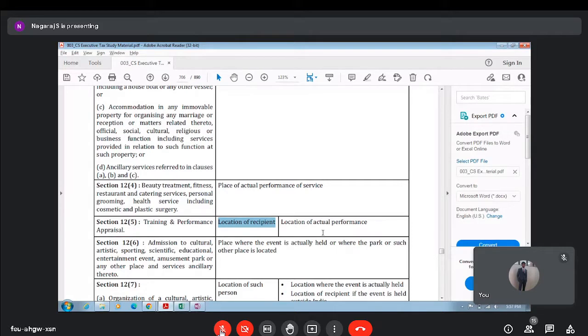Okay. Next, 6. There are two boxes here and only one box there, so it is registered. In this, registered and unregistered do not come at all. Example, you will go for a haircut. Will you be registered or unregistered? Unregistered. Where the actual performance happens, you go to the salon. It will be unregistered. Will the company sponsor your haircut?